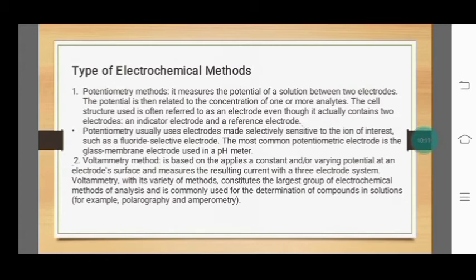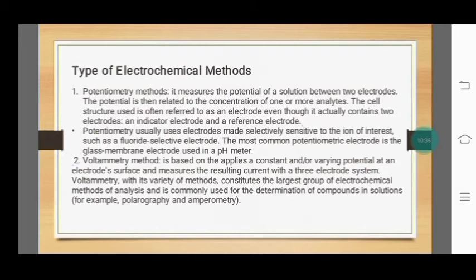So potentiometry usually uses electrodes made selectively sensitive to the ion of interest, such as a fluoride selective electrode. The most common potentiometric electrode is the glass membrane electrode used in a pH meter.